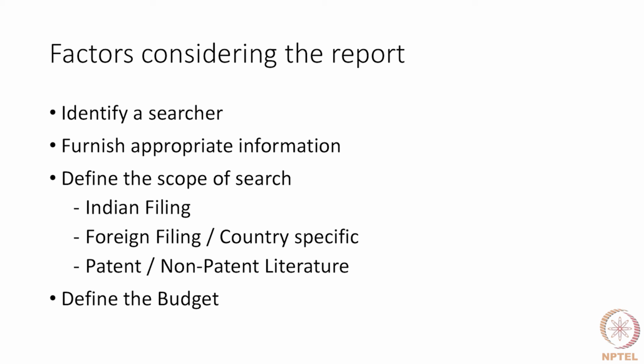If there is further information like description or drawing that can add further clarity, then you would disclose that to the searcher. If there are classifications that you know need to be searched, you would stipulate that to the searcher.